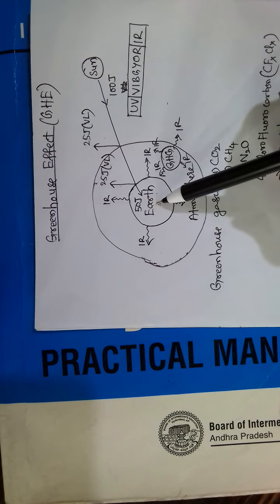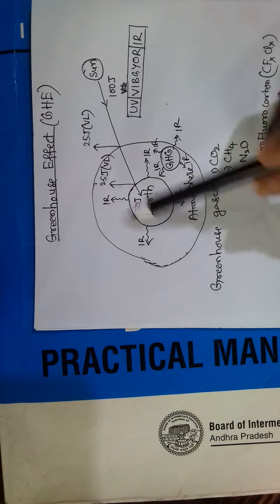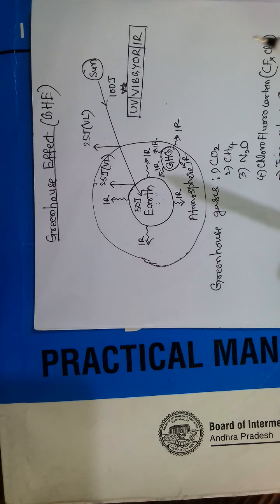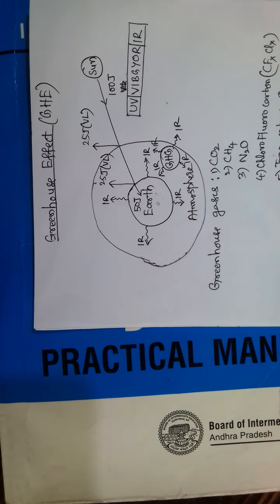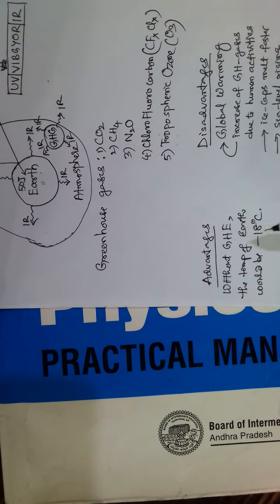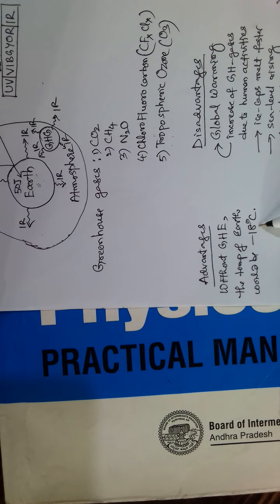And out of the 50%, again it is emitting IR radiation. So after emitting the IR radiation, the earth surface would be at minus 18 degrees centigrade.